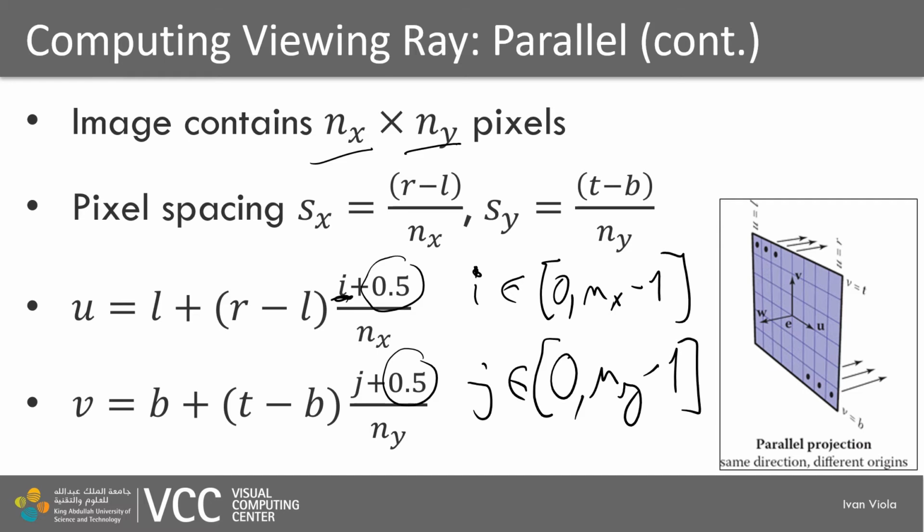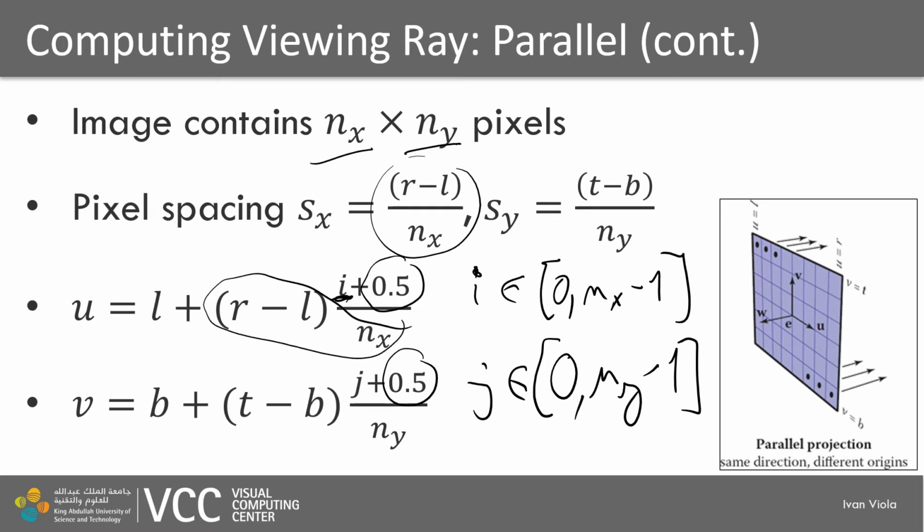So even if i equals 0, the position will not be entirely at the l position, but it will be l plus 0.5 times the pixel spacing, as we have it defined here, and you can see it also here.